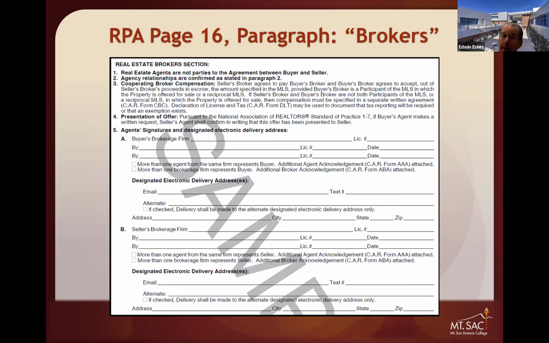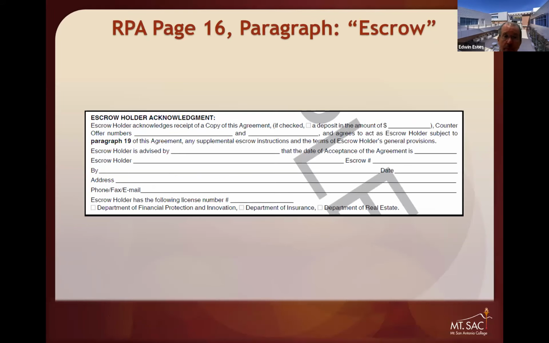Again, this is CAR's effort to try to improve the delivery of materials and documents, and verify that they came in, all right? And then escrow holder acknowledgement at the bottom.